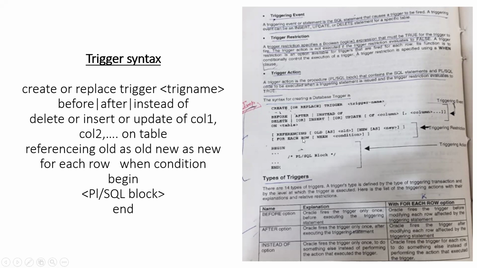When you write for each row, only then can the when condition come along with it. They occur together. You need to write both of them together. You cannot write one of them without the other. And then obviously you have the PL SQL block which needs to be executed once you take some action after the firing of the trigger. I'm going to discuss each of these syntax details with you in the form of some examples.